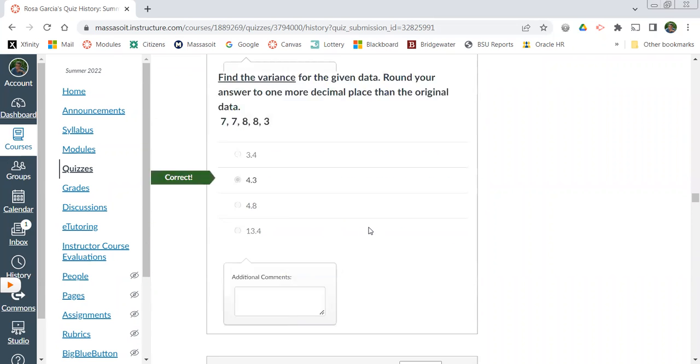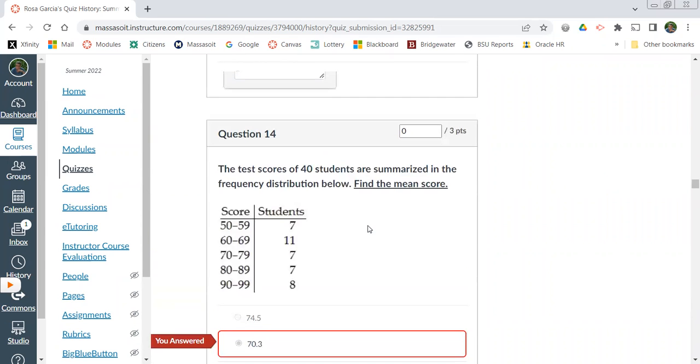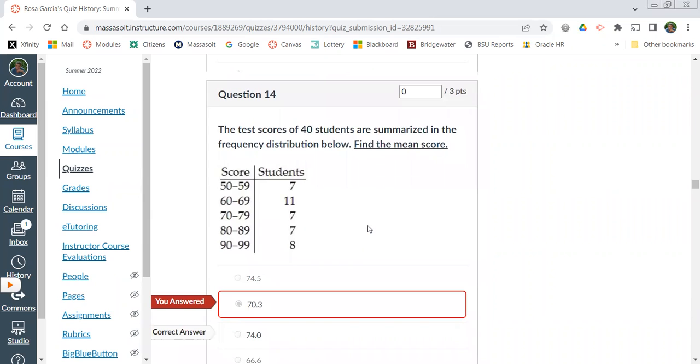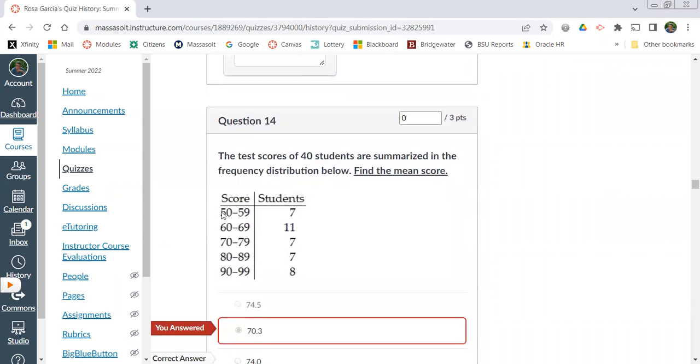Yes. I messed up on that part, the midpoints. What I did is I didn't find the midpoint. I did 50, then 51, because on the practice problems they're normally just one difference. I don't know if I'm making sense. The reason you use the midpoint is, you had 7 students that scored between 50 and 59.